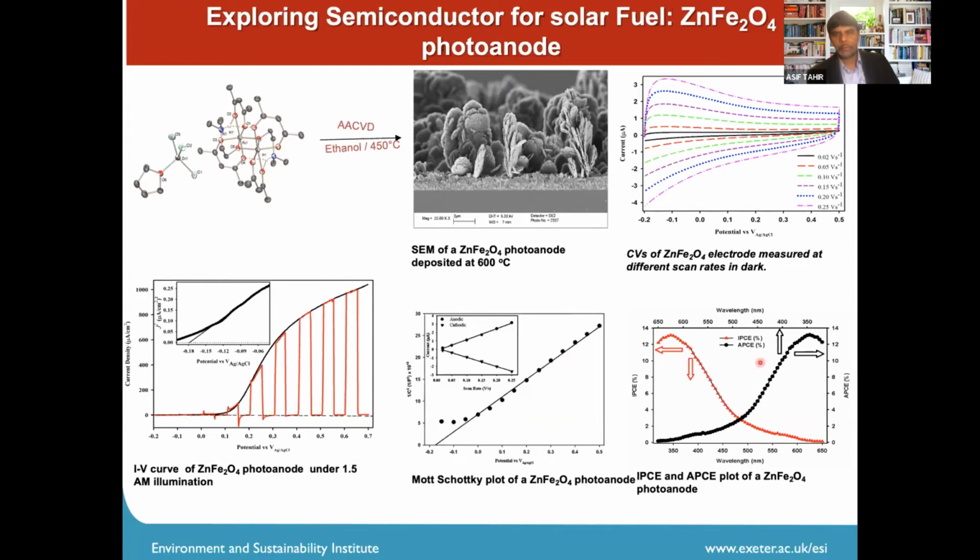And then the IPCE indicates that the photon to electron conversion efficiency is around 13%.